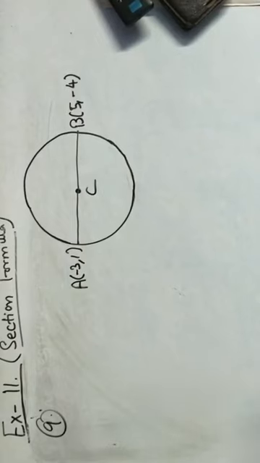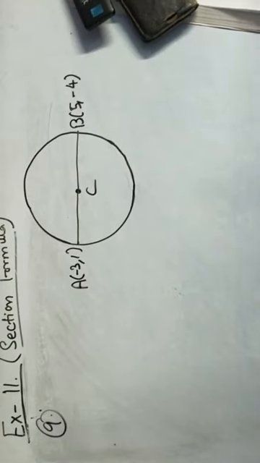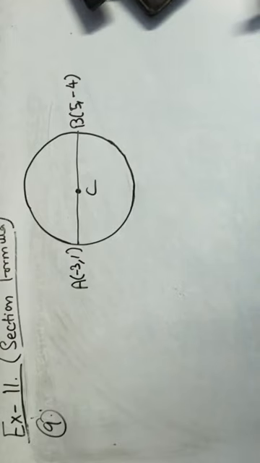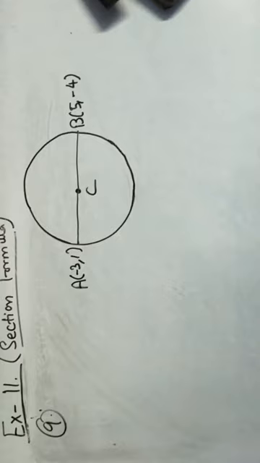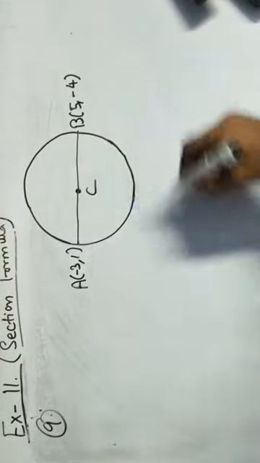We'll move on to question number 9. The line segment joining A minus 3 comma 1 and B 5 comma minus 4 is a diameter of a circle whose center is C. You have to find the coordinates of the point C. You have a circle.